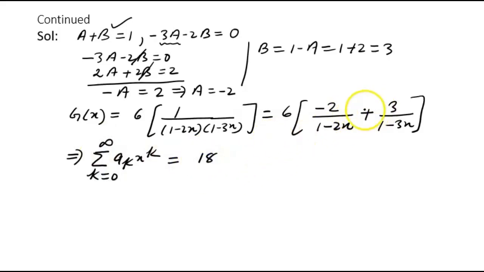If you look at this, 6 into 3, I am looking at this term first, and 1 minus 3x to the power minus 1, because my purpose of writing this expression in this form is to generate a series here, and that I will discuss, how to generate. And so what will be the next term? This 6 into minus 2, that is minus 12, and 1 by 1 minus 2x can be written as 1 minus 2x to the power minus 1.